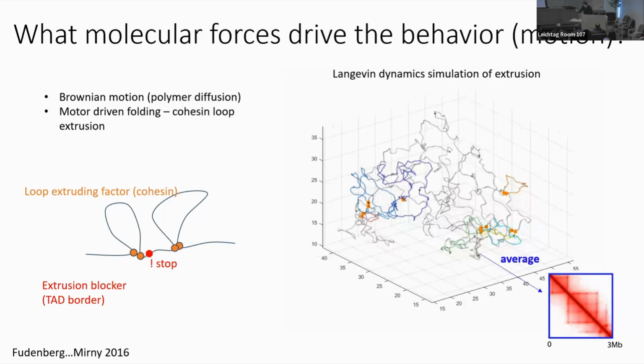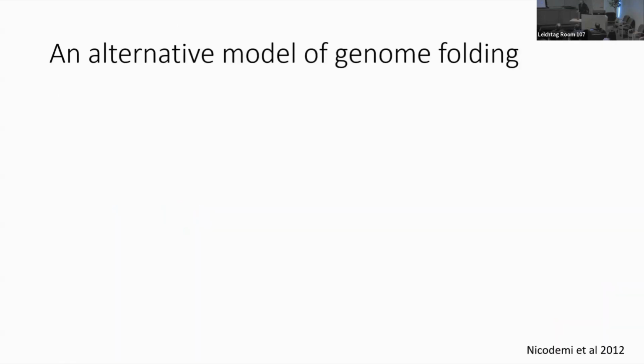However, one need not invoke motor proteins to explain these structures. An alternative set of models led by many in the community, but particularly well illustrated by Mario Nicodemi's group, postulate instead a purely thermodynamic, entropic mechanism that Mario called strings and binders. The scheme is somewhat simple.